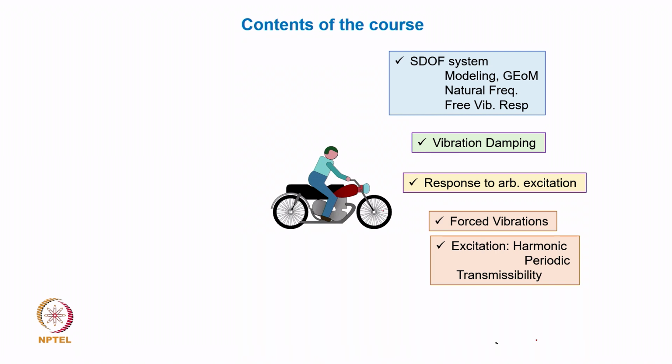Like for example, in this case, if the wheel mass is significant and you model the chassis and the rider mass as one rigid mass, and then the suspension springs, the two different suspension springs here, and then the wheel itself like an individual independent mass, and then the stiffness of the tire will be modeled like another spring.